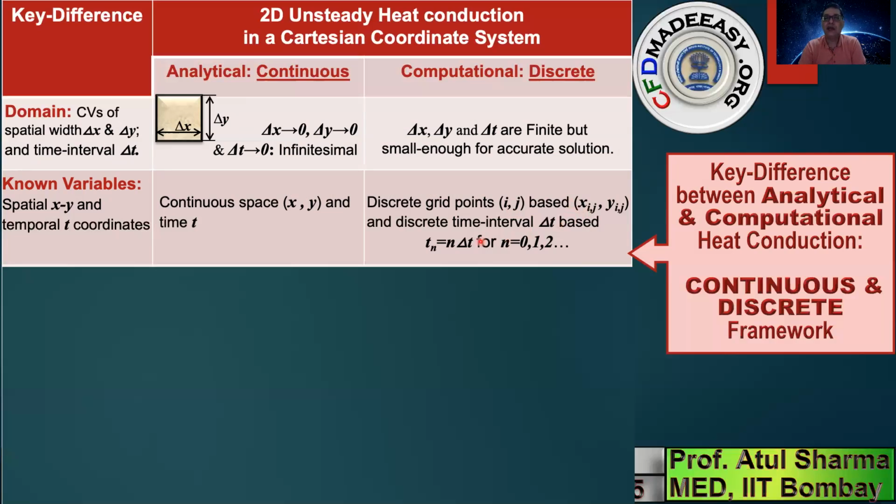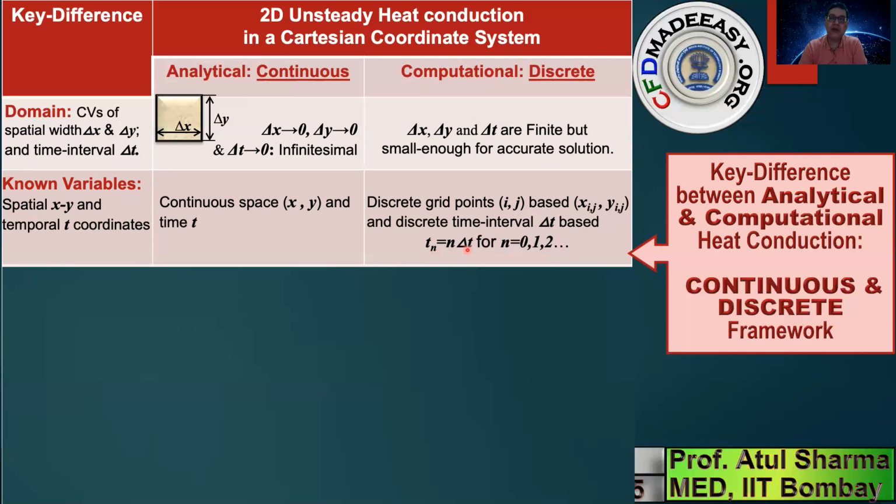Similarly, time is a one-way coordinate. So similar to i and j as the integer values to store the address for the matrix, you can store time as a 1D matrix where n varies from 0. When n equals 0, it corresponds to the initial condition. So t0 corresponds to t equals 0, t1 corresponds to delta t, t2 corresponds to 2 delta t.